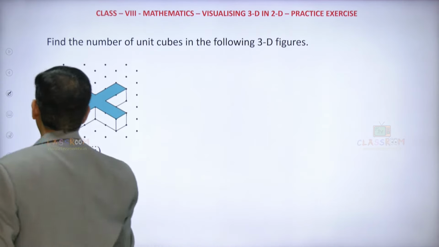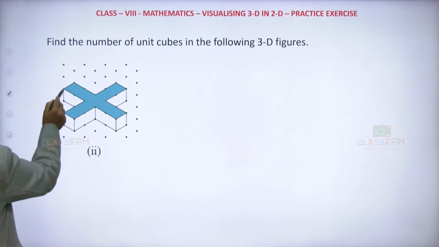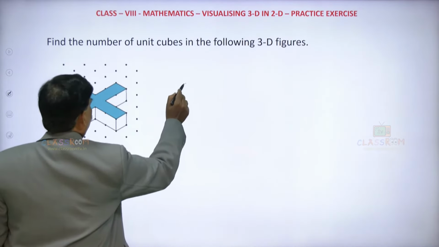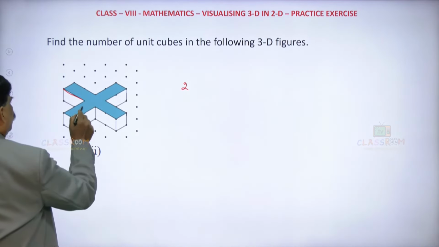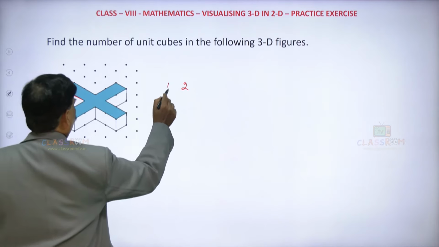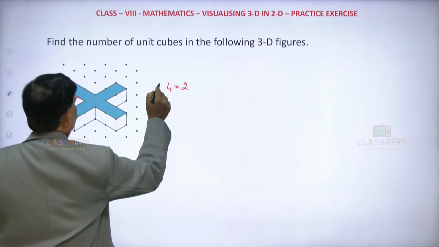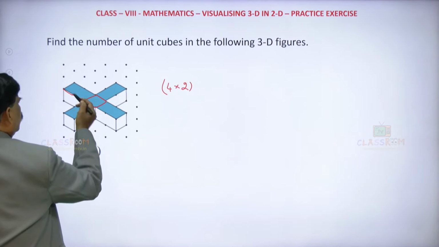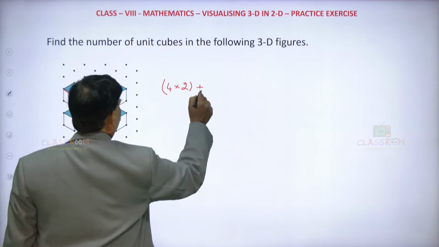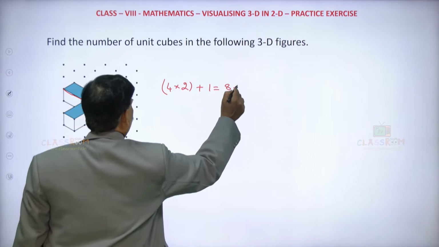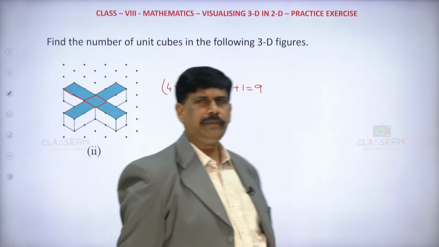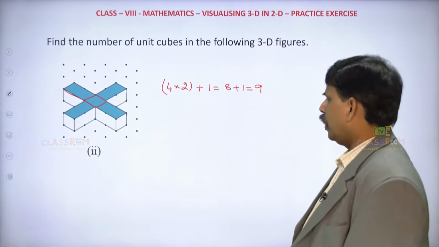So look at here. 1, 2. So like that, 1, 2, 3, 4 sides. So 4 into 2. And the middle one. This is the middle one. Plus 1. So it is 8 plus 1. Total 9 are there. 9 unit cubes are there.